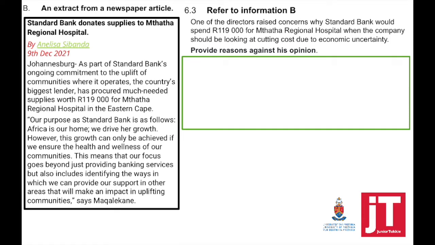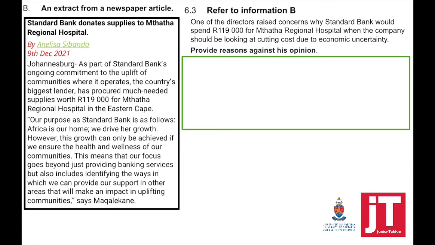However, this growth can only be achieved if we ensure the health and wellness of our communities. This means that our focus goes beyond just providing banking services, but also includes identifying the ways in which we can provide our support in other areas that will make an impact in uplifting communities.